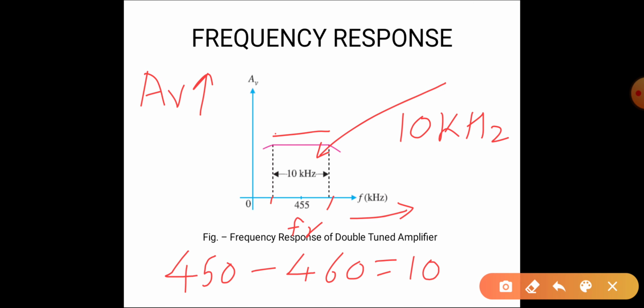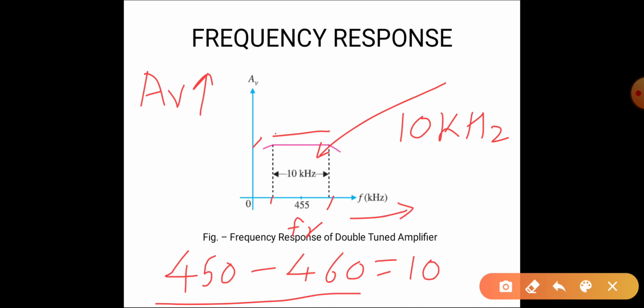You can use variable inductors, and by varying the values of L1 and L2, you can select the resonant frequency first, and then your range of frequencies will vary.